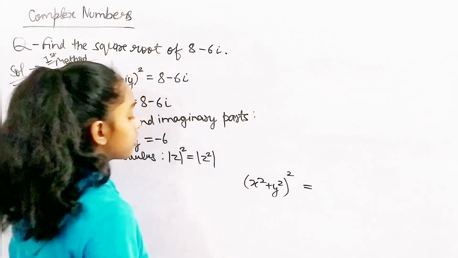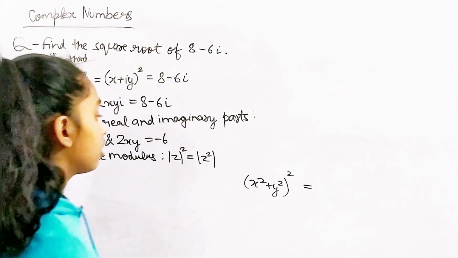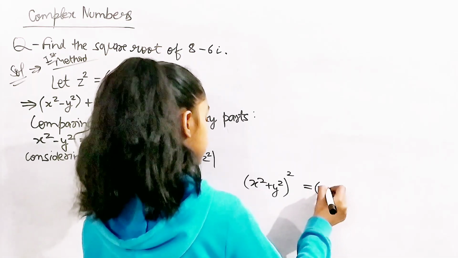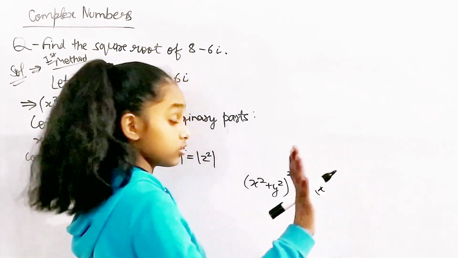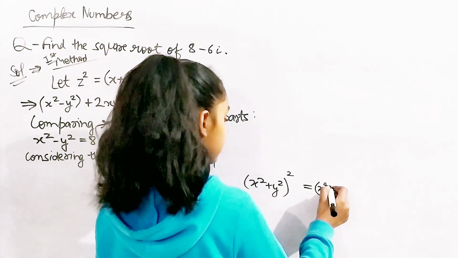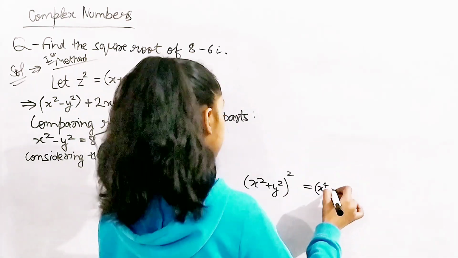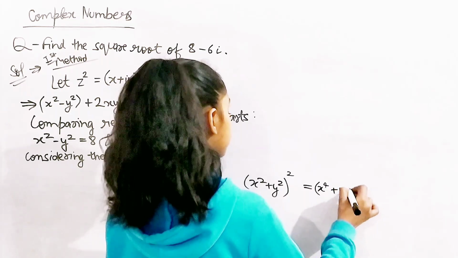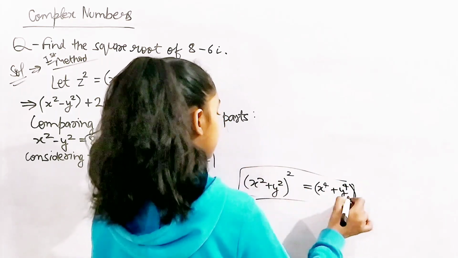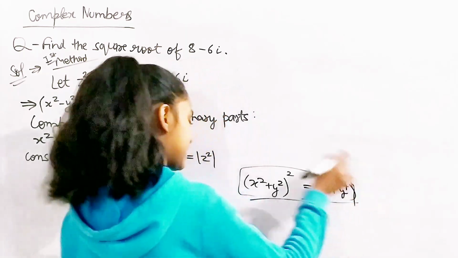I think that's going to be something more complicated. So I'm going to write this as x to the power 4 plus y to the power 4. Is this clear?